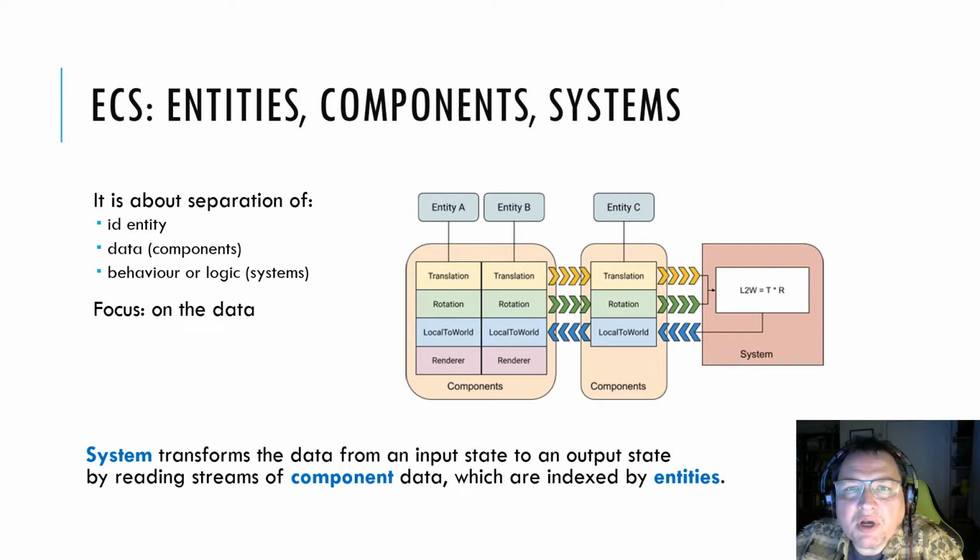ECS is about separation of entities, data components, and behavior or logic represented by systems. You might think that entity is something a bit like old-style game objects in Unity, but nothing could be more wrong than that.